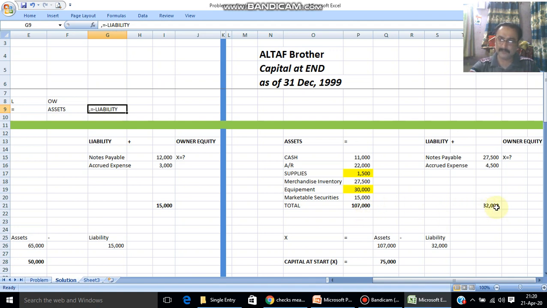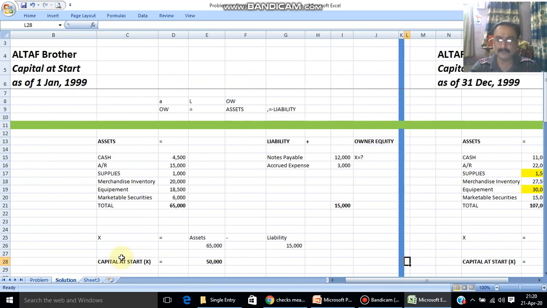When this is deducted from this, we will have this amount. Capital at the end of business would be 75,000 rupees. This was capital at start, and this was capital at end.